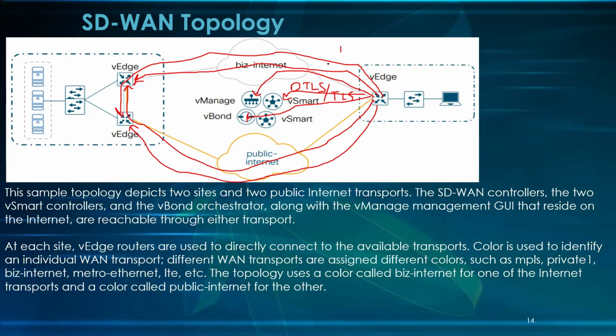1, 2, 3, and 4. Why did it build 4 tunnels? Can you help me understand, if you've got a little bit of logic? Because we have two internet connections and two vEdges. Each vEdge gets 2 transports, and because each device has 2 transports, it builds 1 tunnel for each transport.